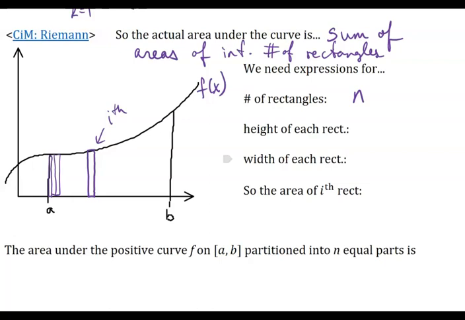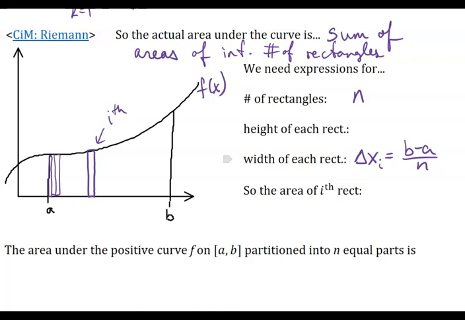So the width of each rectangle, which I'm going to call delta x, is equal to (b minus a) over n. You may see this written as delta x sub i sometimes, which is fine because it's the width of the ith rectangle, but all of the rectangles will have the same width.